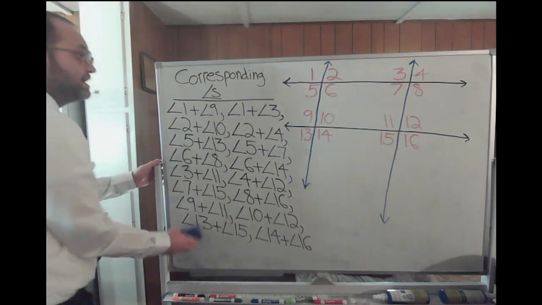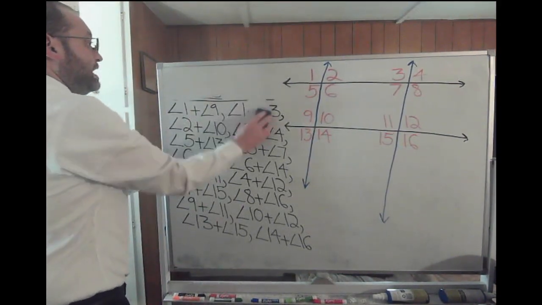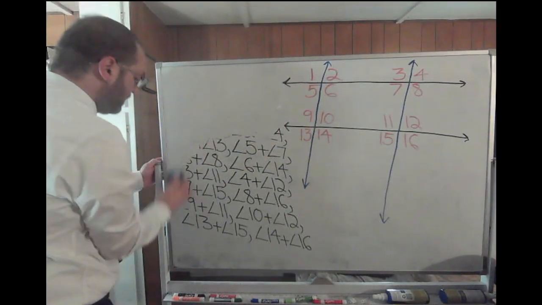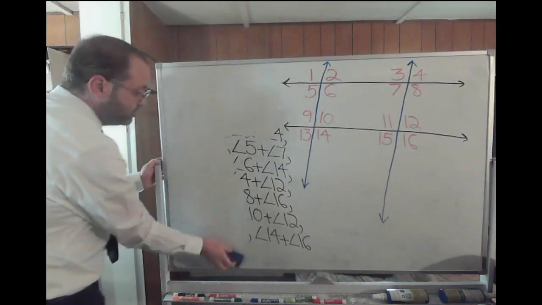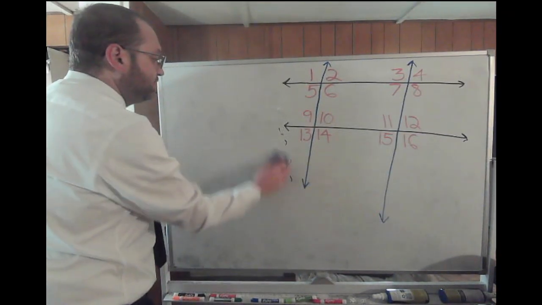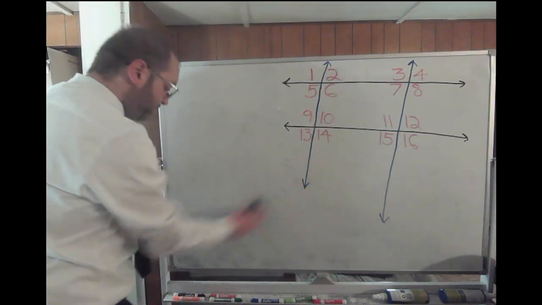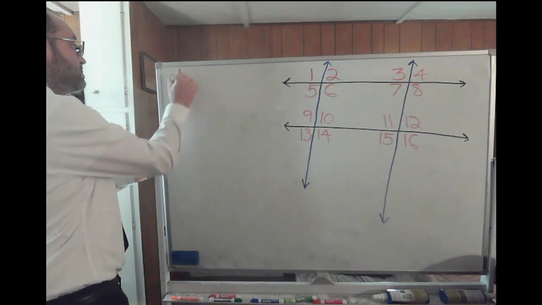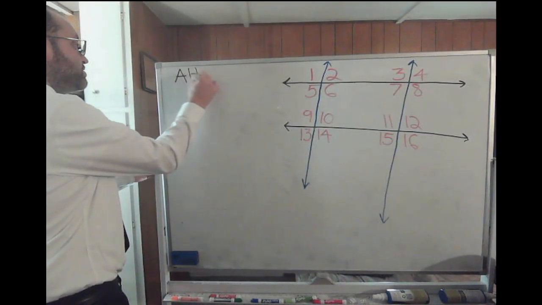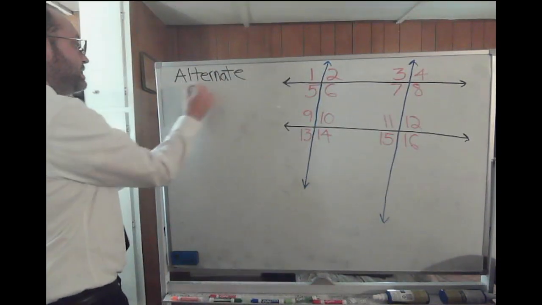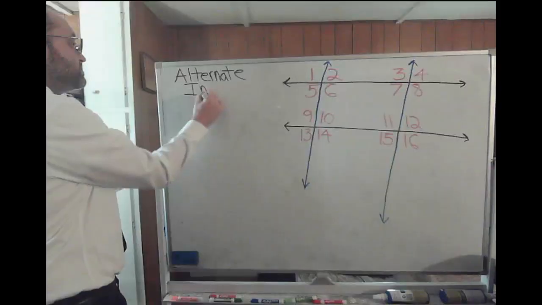Those are corresponding angles. Now we're going to move on to another type of angles, which there won't be as many of. Not nearly as many. The next type is called alternate interior angles.